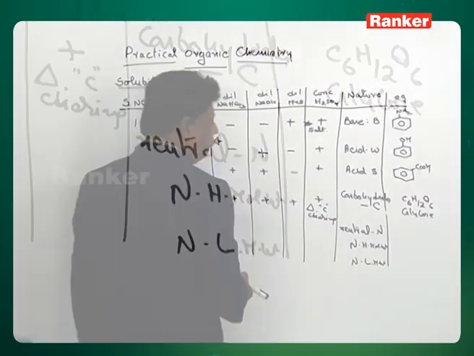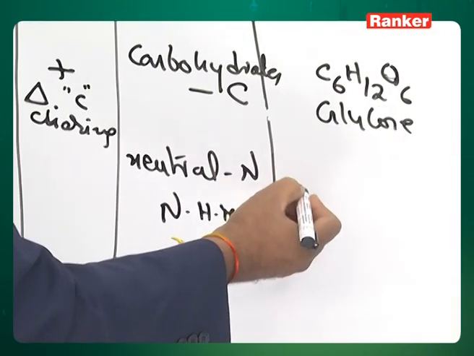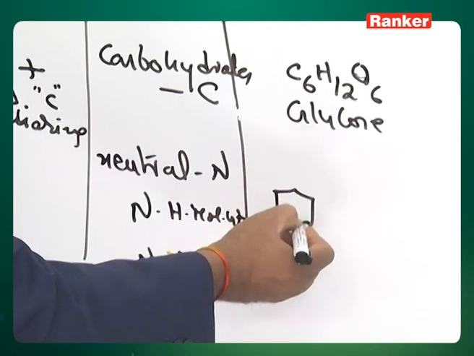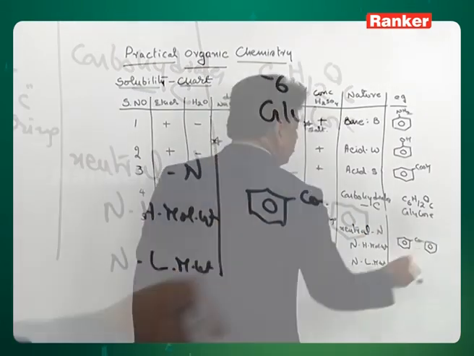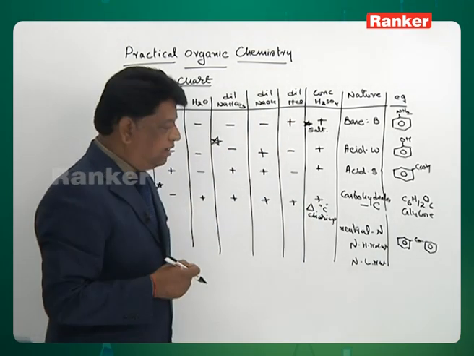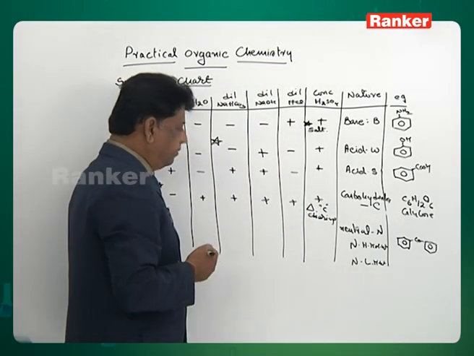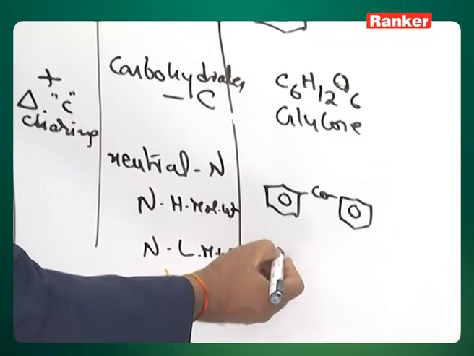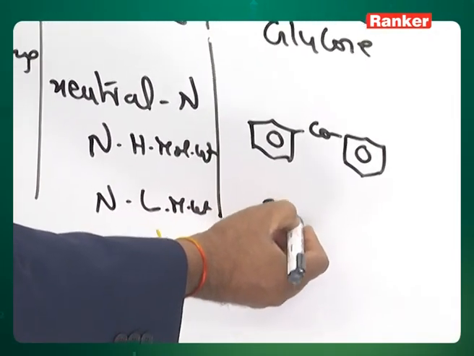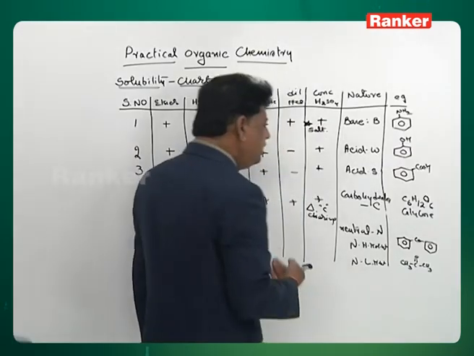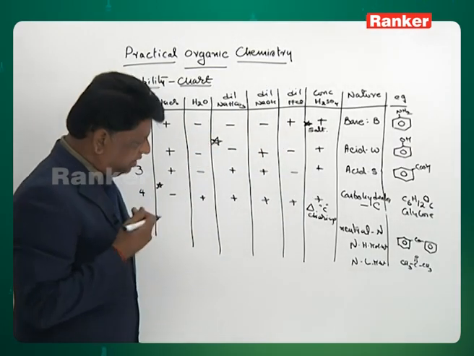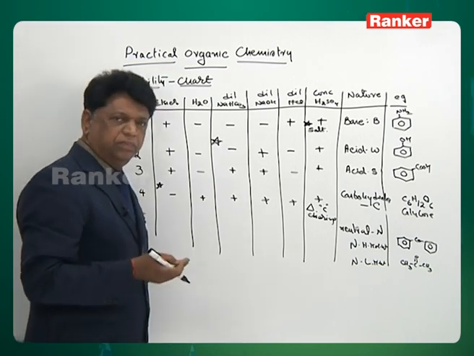High molecular weight means you can take benzaldehyde, benzophenone and so on. All carbonyl compounds and esters come under the neutral type. Low molecular weight means acetaldehyde or acetone, carbonyl compounds, or any organic compound with low molecular weight, like alcohol, methanol.